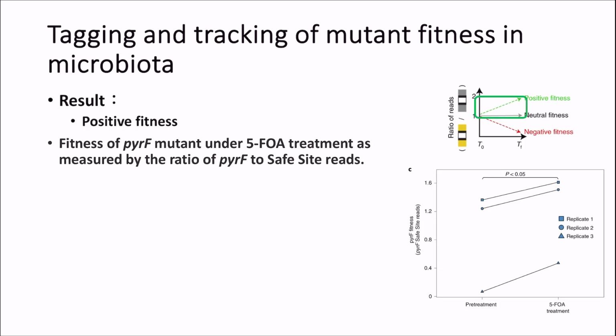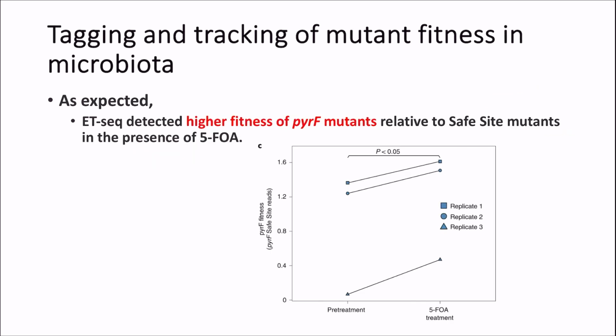And here's the result. Results showed positive fitness of the PYRF mutant under 5-FOA treatment, as measured by the ratio of PYRF to safe-site reads. It goes positive as expected.